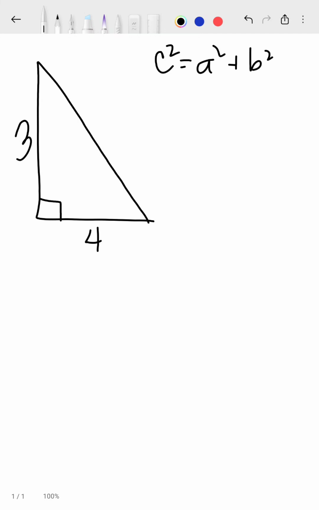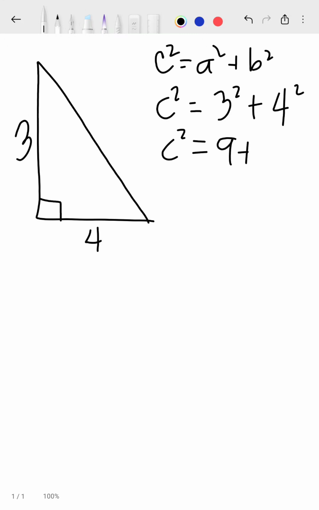Since siya ang missing, so C squared is equal to A, sabihin na natin it's 3 squared plus 4 squared. So kahit sino po sa kanila yan, makukuha pa rin naman natin yung same answer. So C squared is equal to 9 plus 16, and 9 plus 16 is 25.